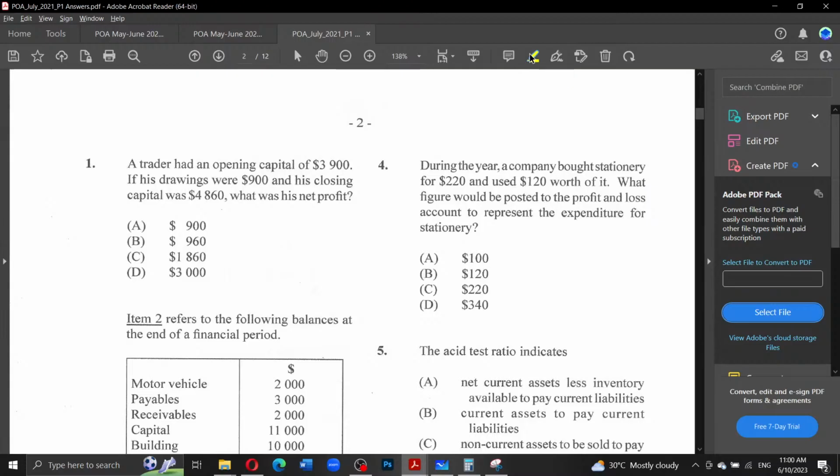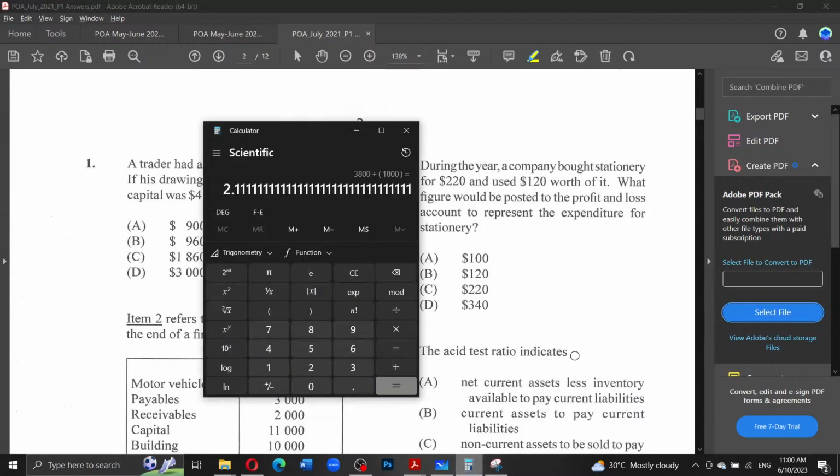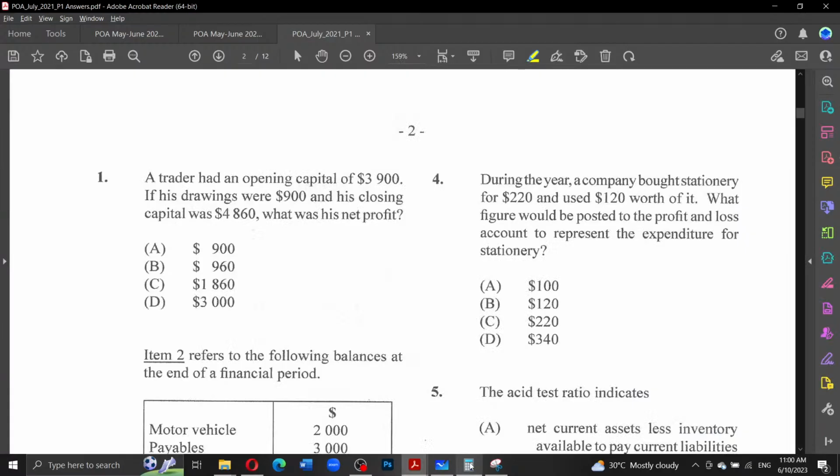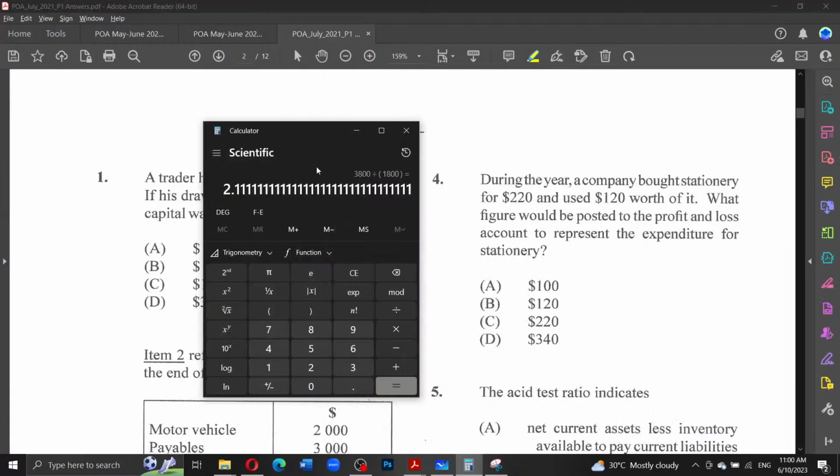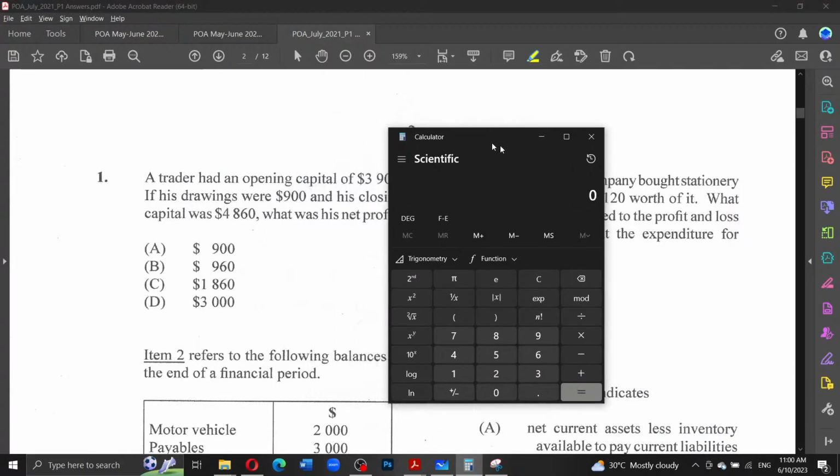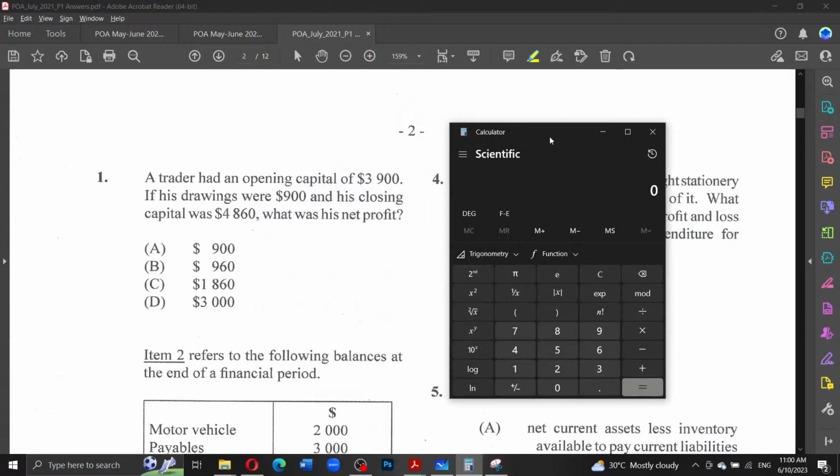A trader has opening capital of $900. If his drawings were $100 and his closing capital was $4,860, what was his profit? Following the equation that I gave earlier from the previous paper, we have opening capital of $900. He withdrew $100.